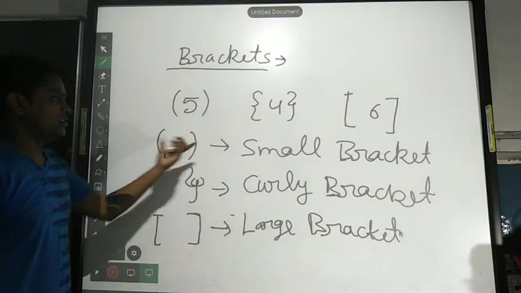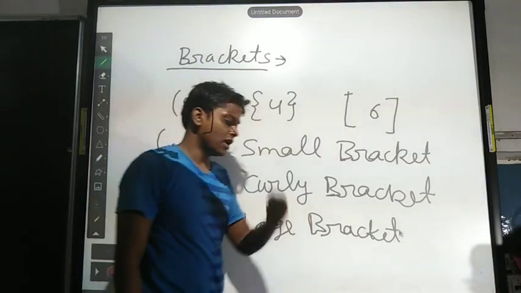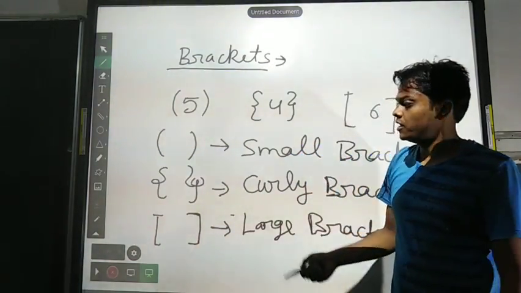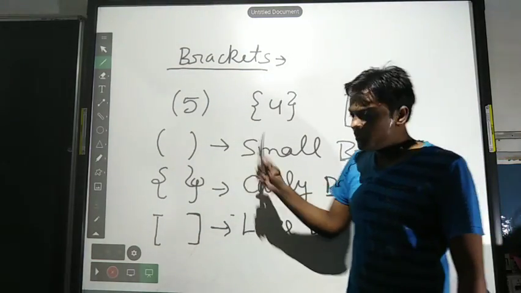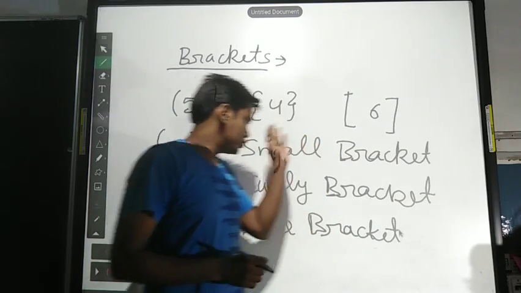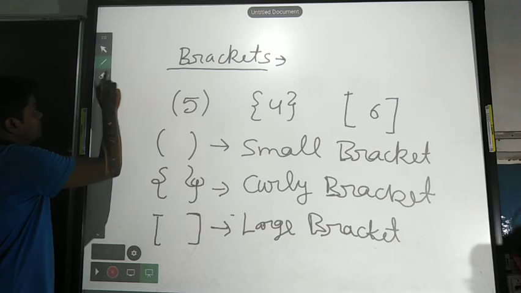So this one is a small bracket, this one is a curly bracket, and this one is a large bracket. One question arises in our mind: if all three brackets come together, then what will be the order of solving all these brackets? So let's see.